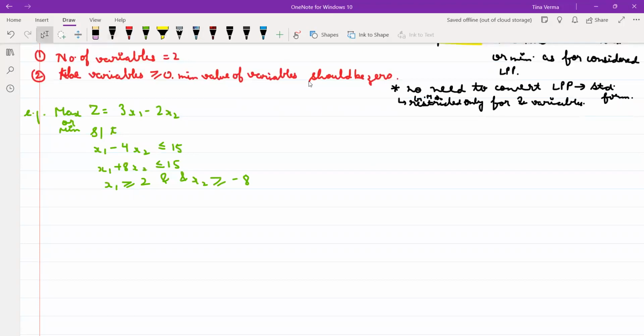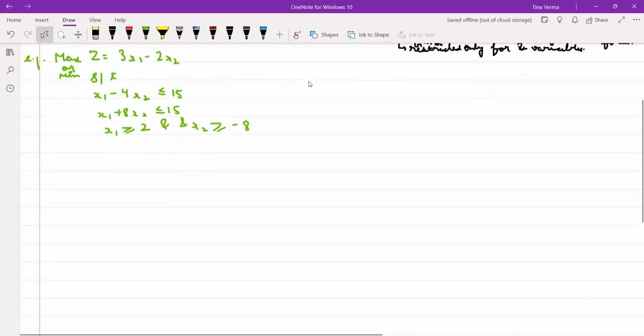Because we have to remain in the first quadrant, what we are saying is that our first condition is satisfied here, that the number of variables is 2, that is x1 and x2. But the second condition says that x1 and x2 should be greater than or equal to 0. That is not satisfied over here.